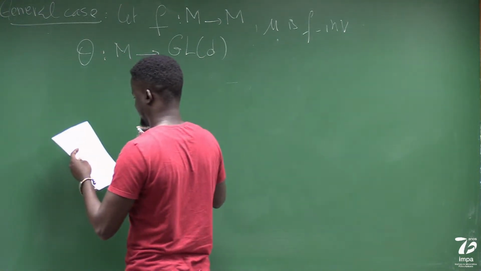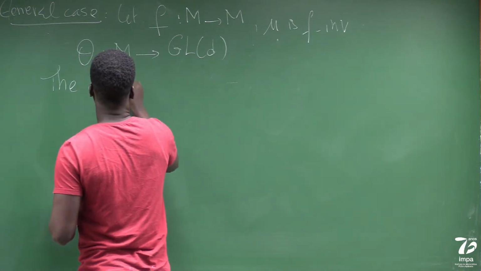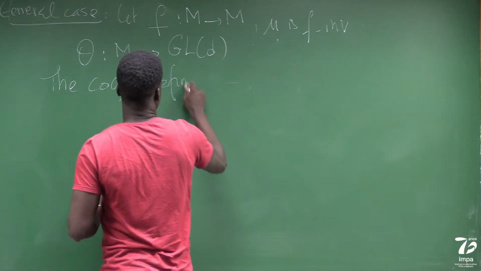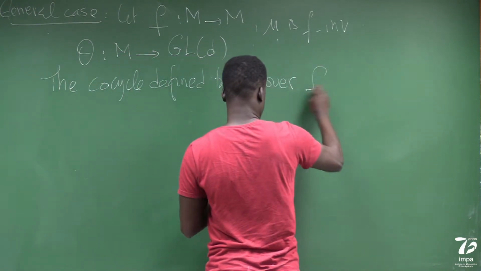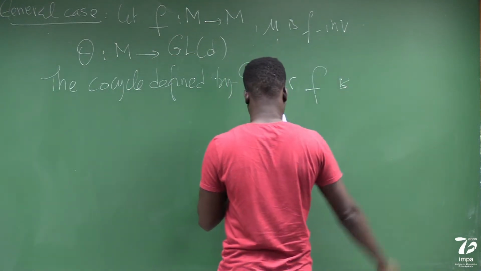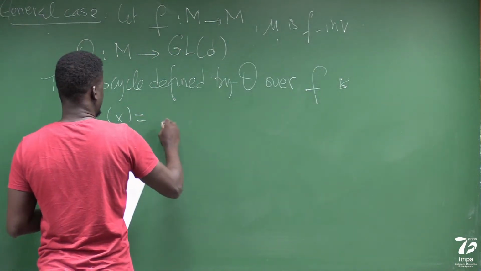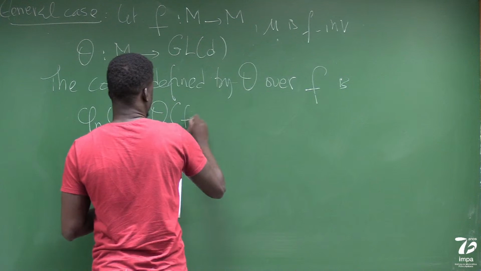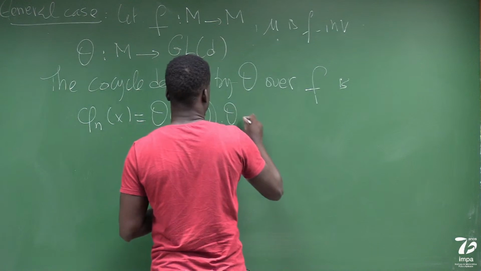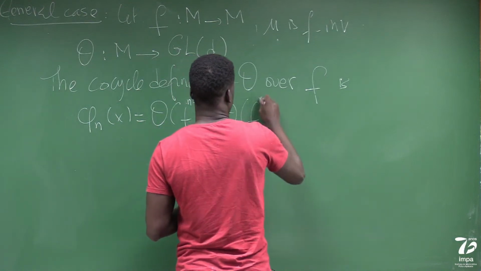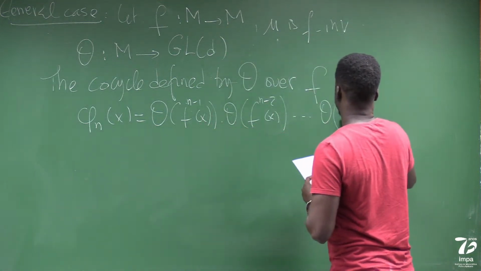So the cocycle defined by theta over f is this phi n x, which is theta at f^(n-1)x multiplied by theta at f^(n-2)x, and then theta at x.